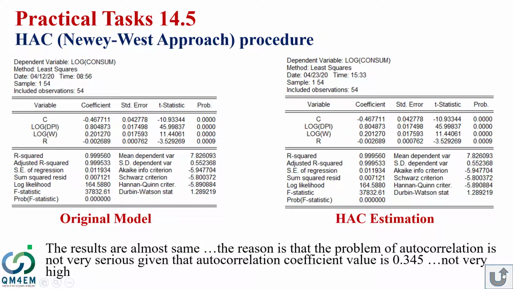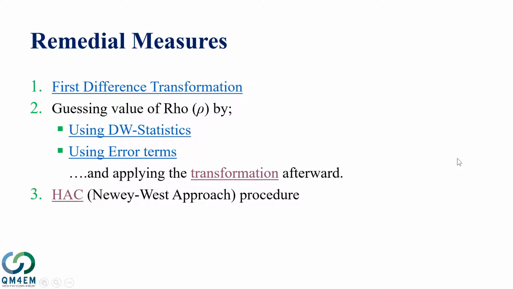To conclude the remedial measures, we saw that we can use the first difference transformation when we know that rho is equal to 1, or in the case of positive autocorrelation. If we don't know rho or can't assume it equals 1, then we have to guess the value of rho. For that we use the Durbin-Watson d statistic, or the error term being regressed on the lag value of the error term.